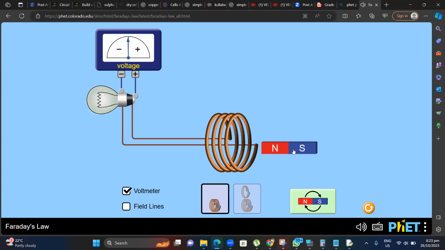When moving out, it is plus. Moving in, minus. Moving out, plus. That is why the current is two directional. It's bidirectional. So the voltage generated by a dynamo is bidirectional. It is not a DC voltage. It is AC voltage. Right?